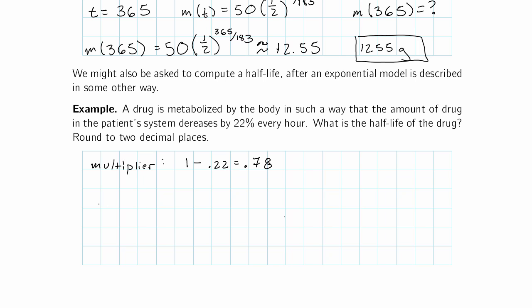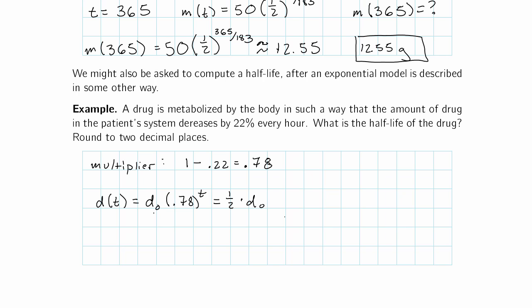We'll call the amount of the drug D. The amount of the drug after t hours is whatever we started with times 0.78 to the t, right? We lose 22% every hour. So we want to know how long it takes for only half of the drug to remain. In other words, we want to know how long it takes to have a half times D0 left.